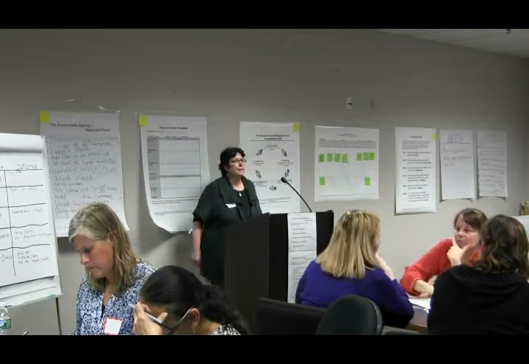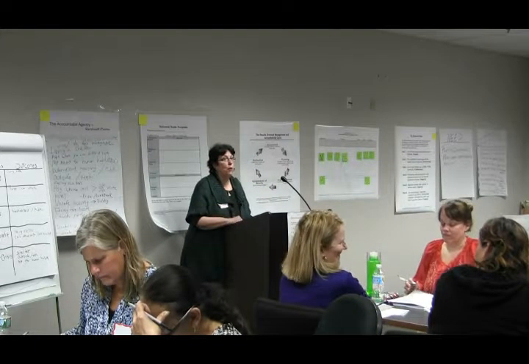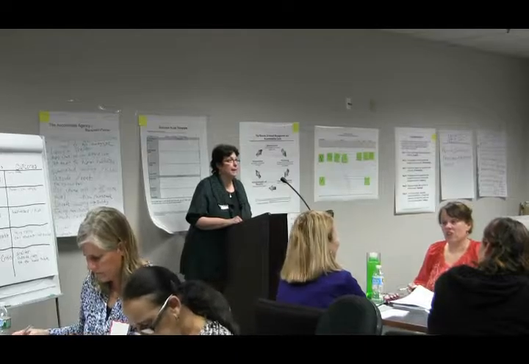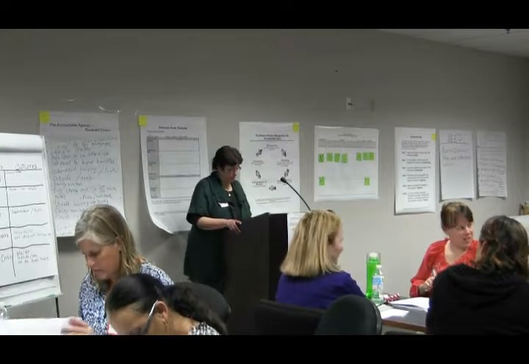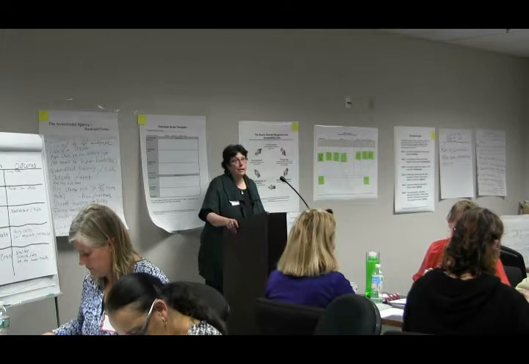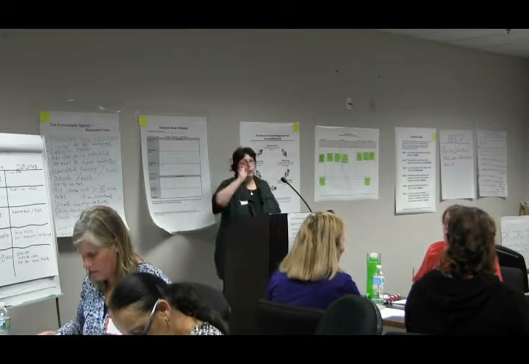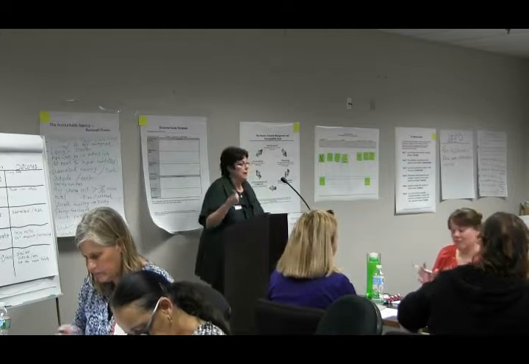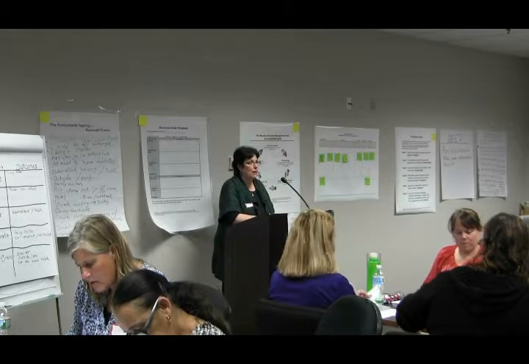Okay, it looks like several of the groups are finished, so I'm going to give you one more set of instructions. If you will turn to page 102 in the manual, there's a logic model checklist. We talked about things matching as being one of the things that you're going to check, but there's a whole list of them here.